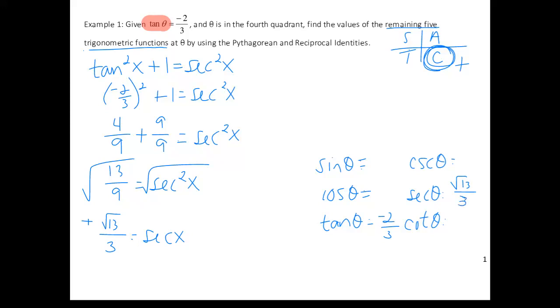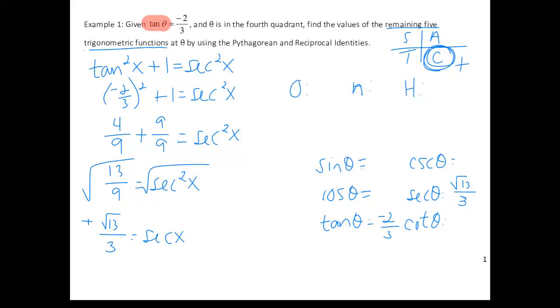Now, there's a couple ways to finish filling out the chart. In this case, one of the things that we can also recall is SOHCAHTOA. So because we have the negative 2, the 3, and the root 13, we really have all 3 sides of the right triangle that's really in play here. So what we could do is write O, A, and H, and identify from SOHCAHTOA what the opposite, the adjacent, and the hypotenuse are, and then we could just fill in the rest of the pieces of the puzzle.